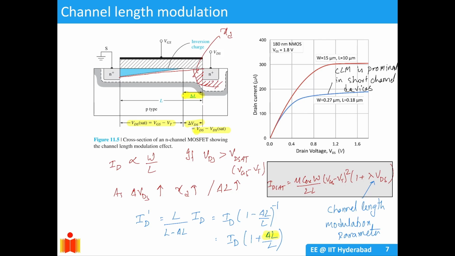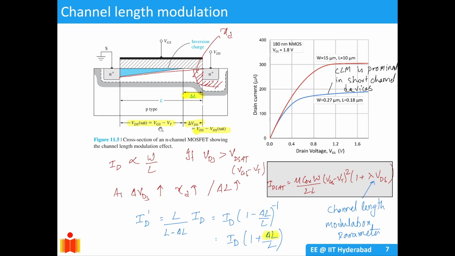Next we come to channel length modulation. Channel length modulation is the effective change in channel length due to pinch off of the channel. For a long channel MOSFET, the channel length modulation is not very high, and hence we assume the channel length to be constant.